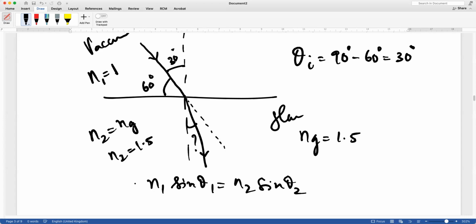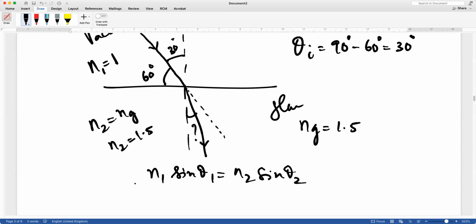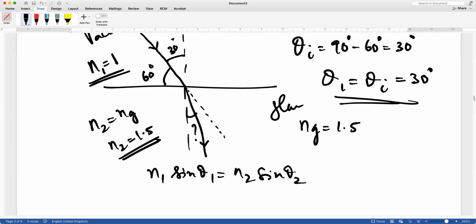And that means we now know everything in here. Also we can say that our theta 1 is our theta I that is given to us, which is actually 30 degrees. So plug in this value and this value into the equation.